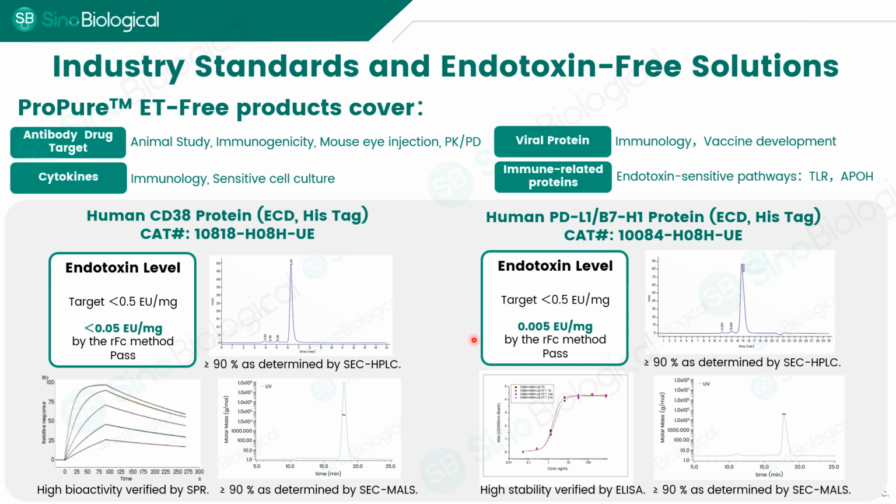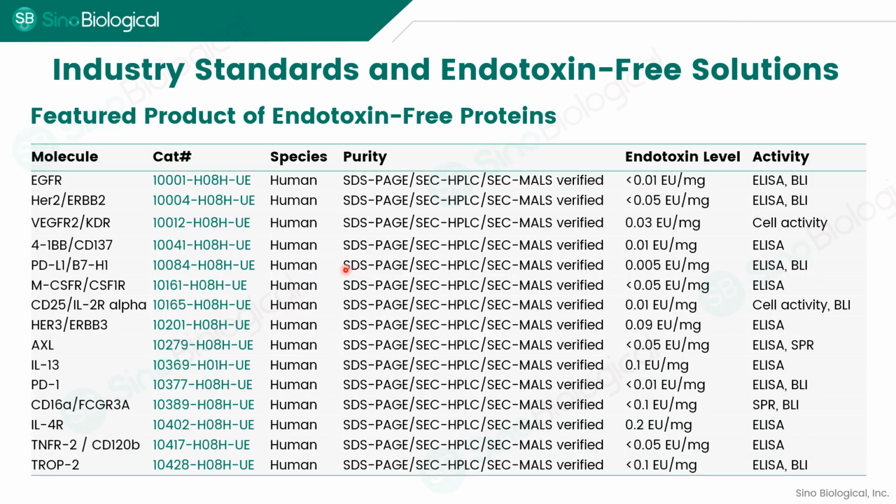In the meantime, we also guarantee the protein has the highest purity and validated activity. As I said, we have already built a wide range of drug targets that fall into our endotoxin-free level, which includes EGFR, HER2, VEGFR, and so on.